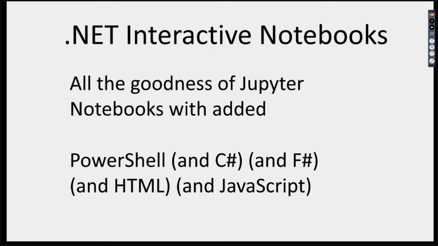These are amazing. These are bringing much more functionality into notebooks. They enable cross-language notebooks, so you can run multiple languages in the same notebook. That's really excellent, but it is a little confusing between .NET notebooks and what I call not .NET notebooks, the Jupyter notebooks, if you will.